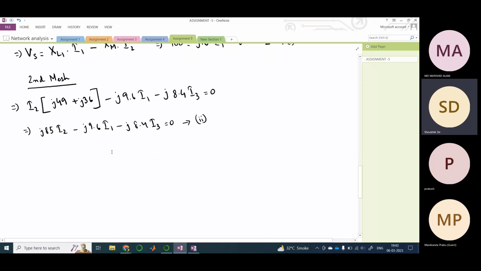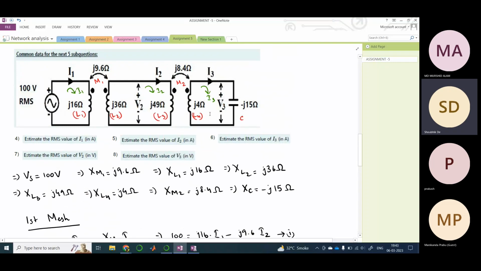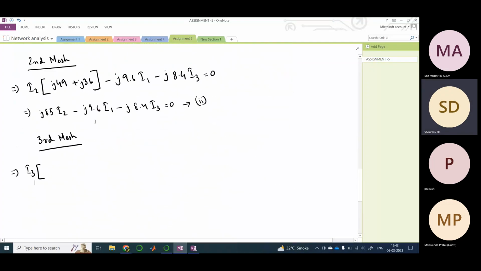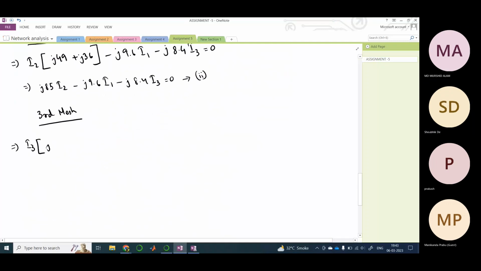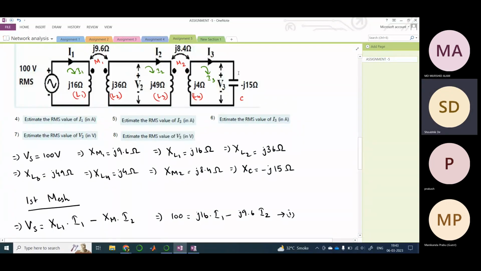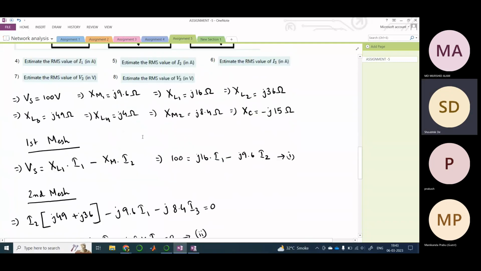Now we need to solve the third mesh also, right? What is the equation for the third mesh? So we have an inductor and capacitor, right? So this would be I3 into J4 minus J15, right? J4 minus J15. Again, this would be pretty easy.